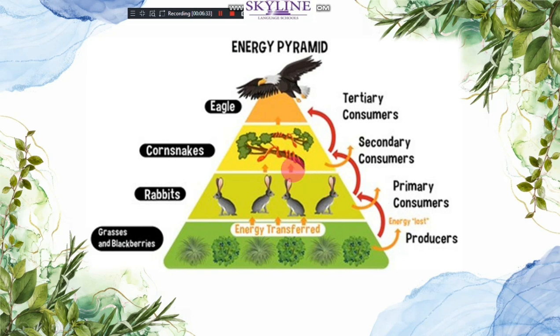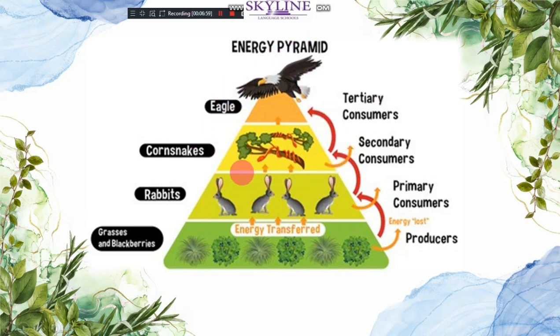Okay, when we have snakes, the snake can feed on the rabbit. So the energy transfers from the rabbit to the snake. Then the eagle comes and eats the snake. So the energy transfers from the snake to the eagle. So the eagle, snake and rabbit, all of them are called consumers.